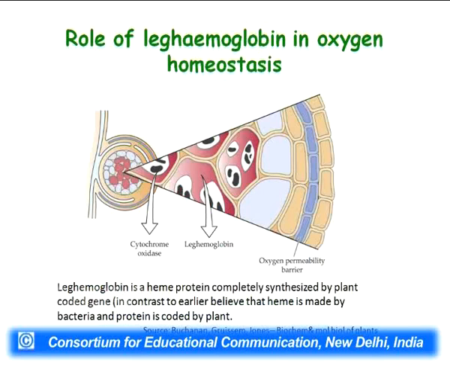Now, coming to the next point, that is the role of leg hemoglobins in oxygen homeostasis. So, this is also there in most of the books. However, this oxygen permeability barrier mechanism may not be there in many books.